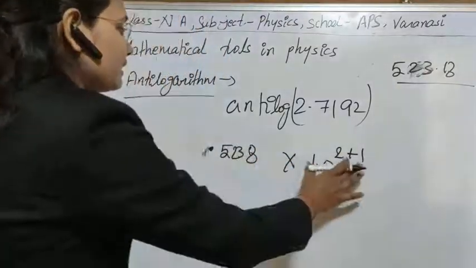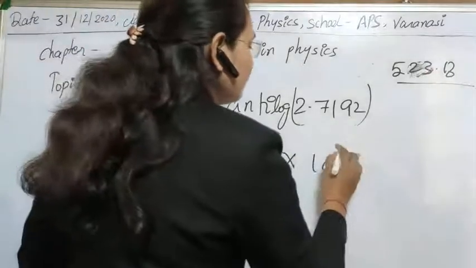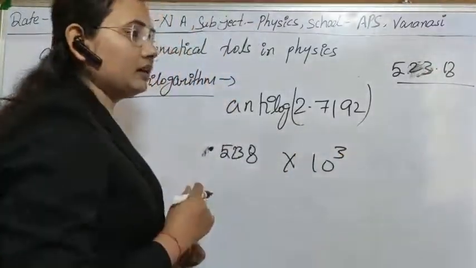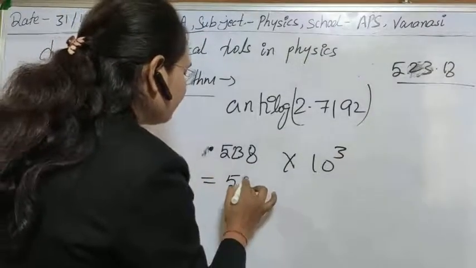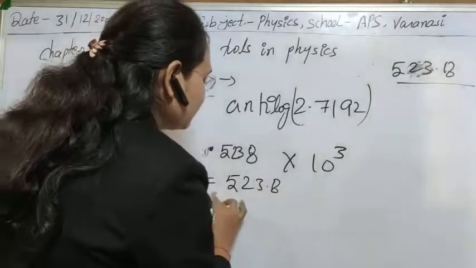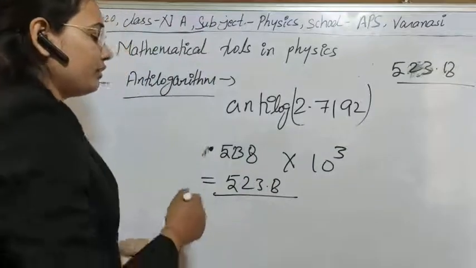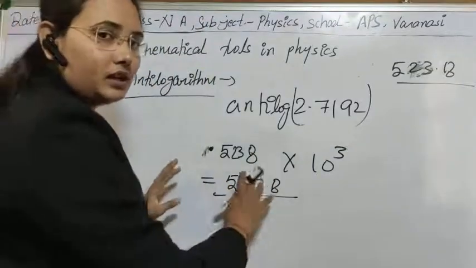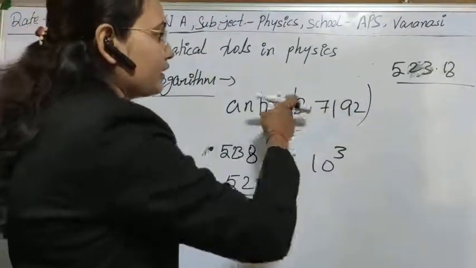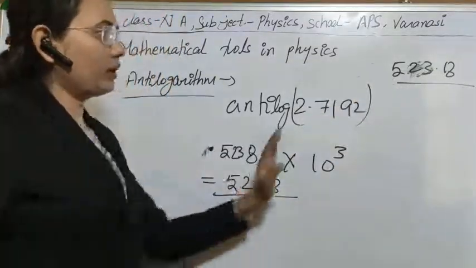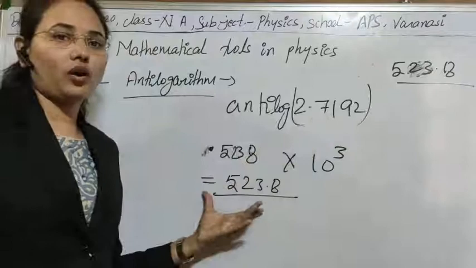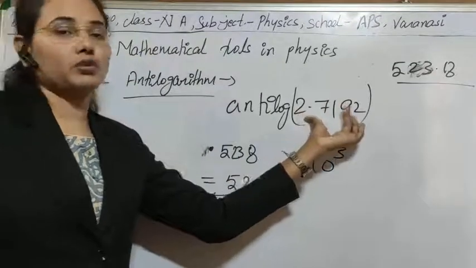And now you are seeing that here we are getting 10 to the power 3, and if you multiply by 10 to the power 3, then you will get 5 to 3.8. So this is the value of which this quantity is the log. I think you have now got it. We have already taken the log of this quantity, and that comes out to be this value.